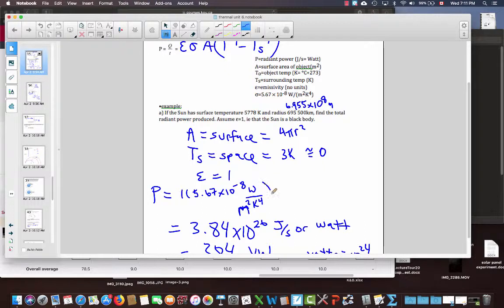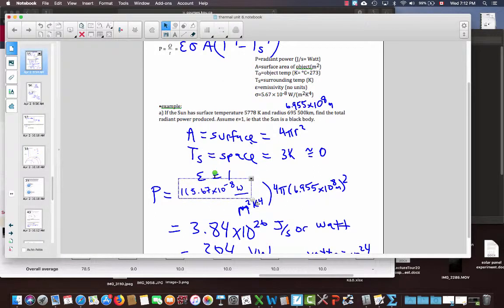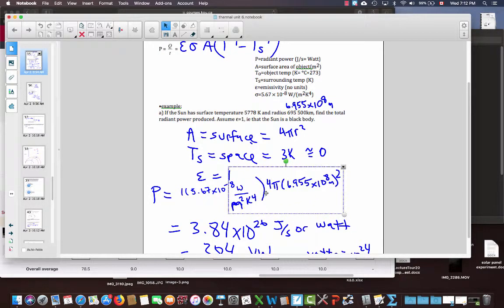Then we have 4 pi r squared, 6.955 times 10 to the power 8 meters squared, so that square meter is going to cancel out that one. And then we need the fourth power difference of temperatures.